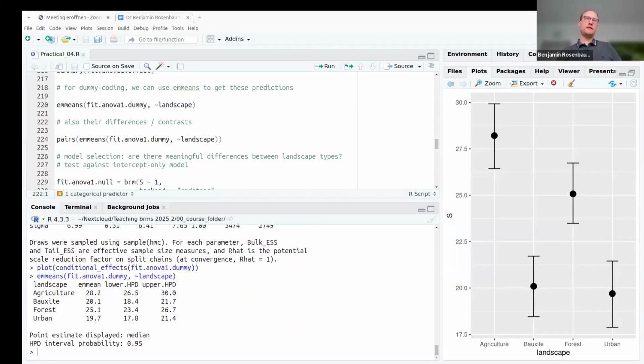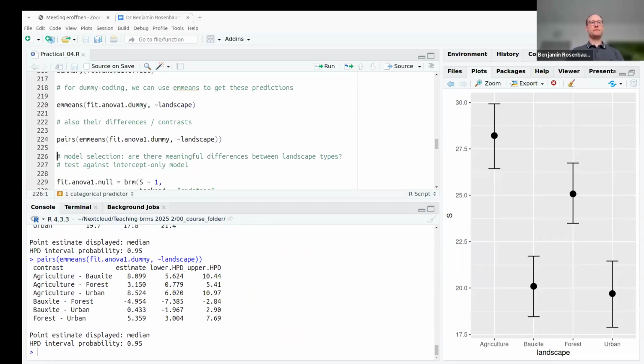So the EM_means just extract all the mean values. These are the mean predictions. These correspond to the dots here in the figure. And by using the pairs command, you will get all the pairwise comparisons and their associated uncertainty.